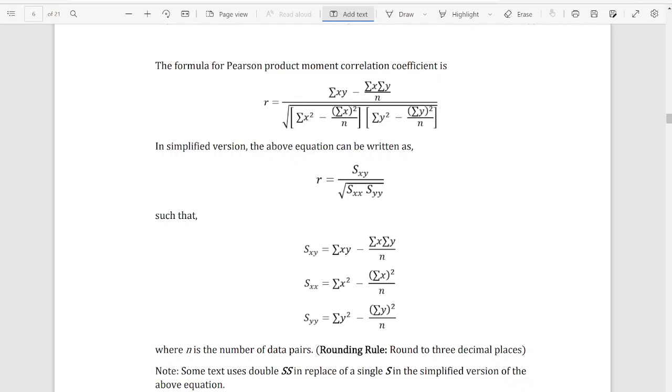And what does this mean? So Sxy tu refer yang atas ni. So summation of xy minus summation of x, summation of y divided by n. Manakala Sxx adalah summation of x square minus the sum of x, square, divided by n, and then this one will be the same for y. Okay. So this is given at the bottom there.